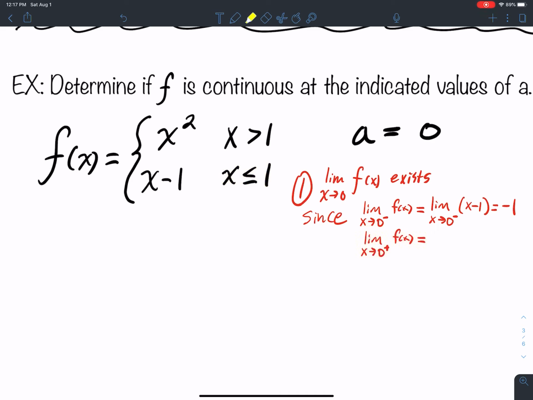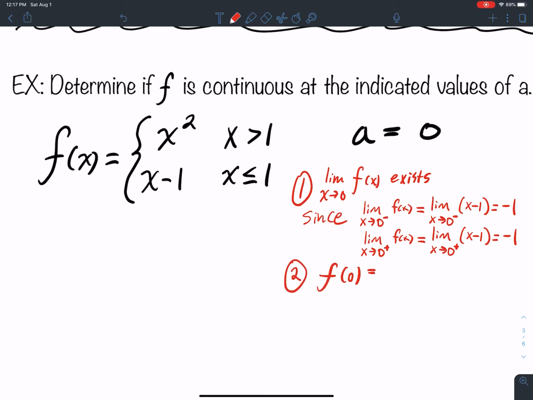I'm looking at values that are barely bigger than 0, which is clearly less than or equal to 1. So I'm still using the same function here, and when I plug in 0, I get negative 1. Lo and behold, since the left-hand and the right-hand limits exist and are equal to the same thing, that tells me that the limit exists. That's what I'm looking for, guys and gals.